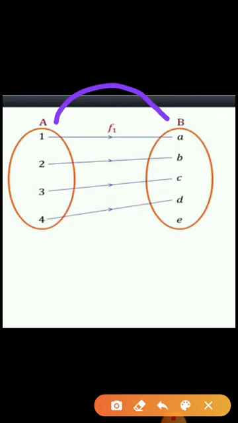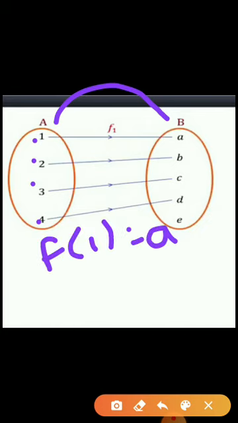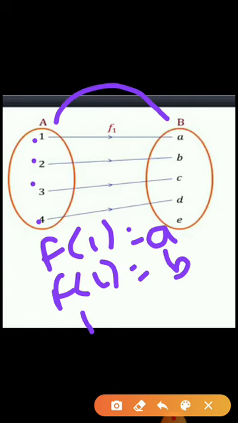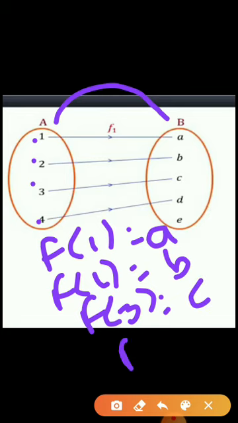Now can I say that every element in the domain has exactly one image, and that too a distinct image? f of 1 is a, f of 2 is b, f of 3 is c, and f of 4 is d.